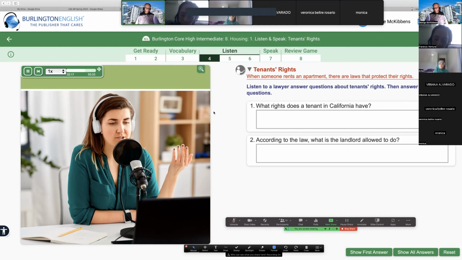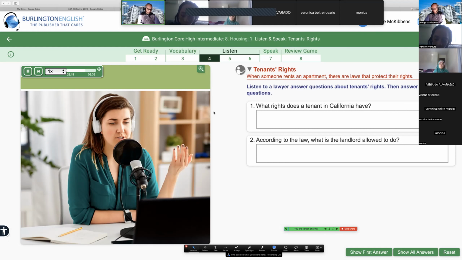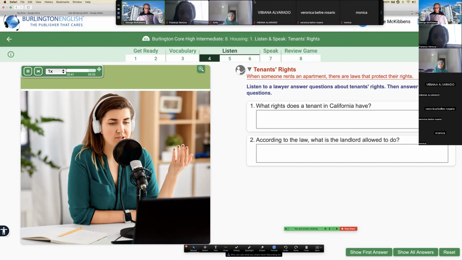But it also says they can keep the money if they need to make repairs because of damage the tenant has caused to the apartment. They can also deduct money from the security deposit to cover cleaning costs, unpaid rent, or utilities. But I left the apartment in good condition. Did she explain if there were repairs and how much they cost? She's required by law to do that. No, I'll call and ask.